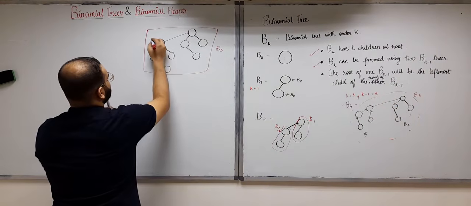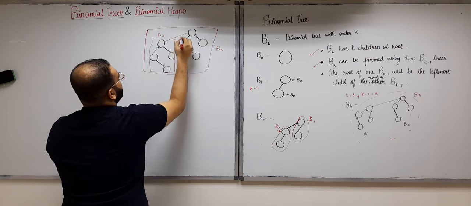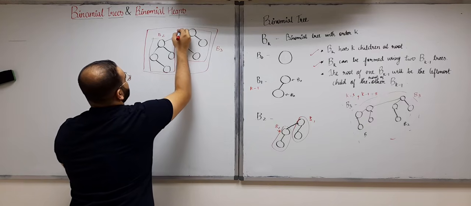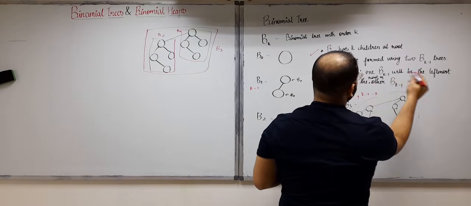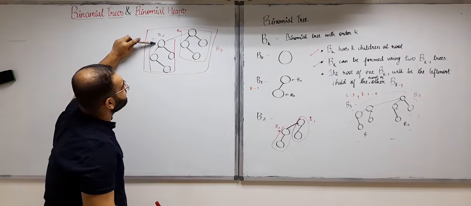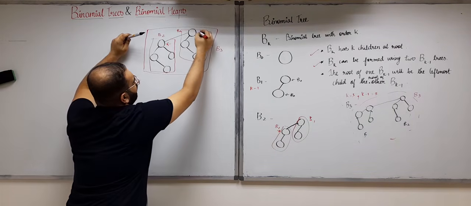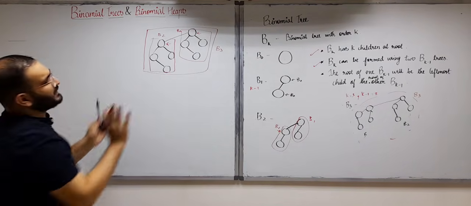Yes, it is formed using two B2 trees. This is one B2 tree and this one is the other B2 tree, right? And the next rule is the root of one B2 will be the leftmost child of the root of the other B2. So this root will be the leftmost child of the root of the other B2. Yes, it is. So this is my B3.